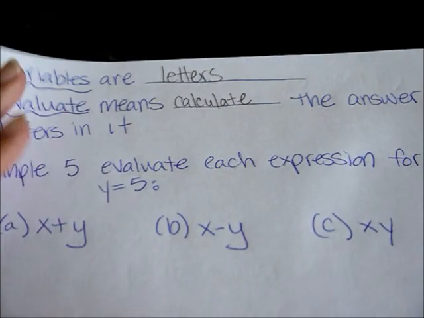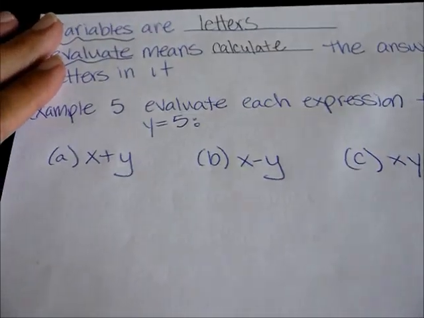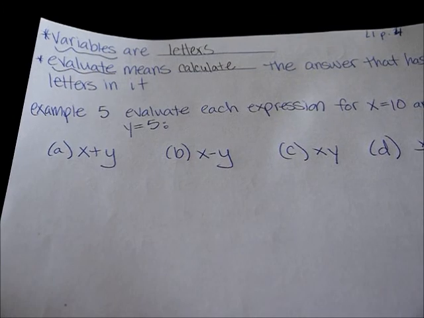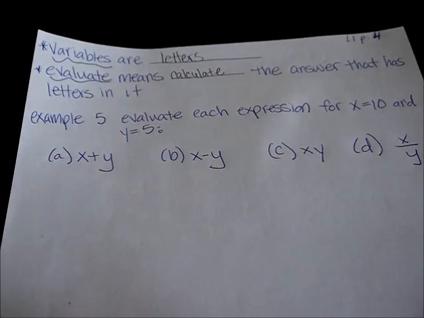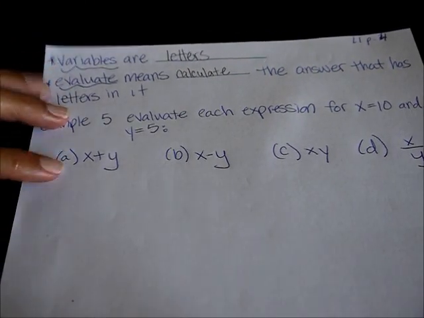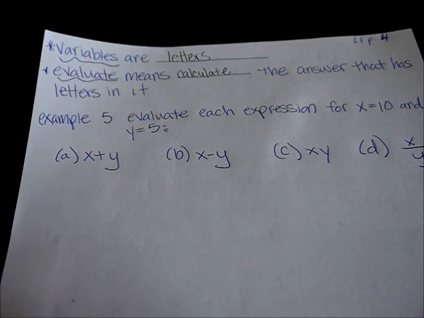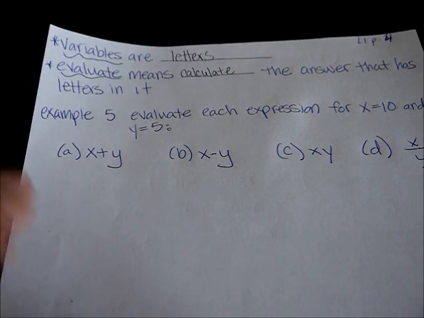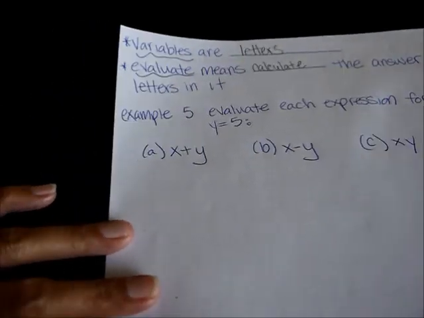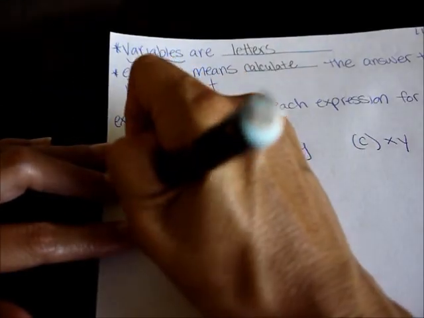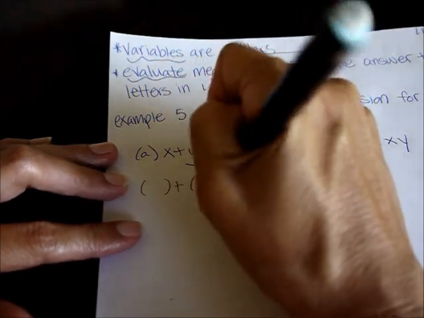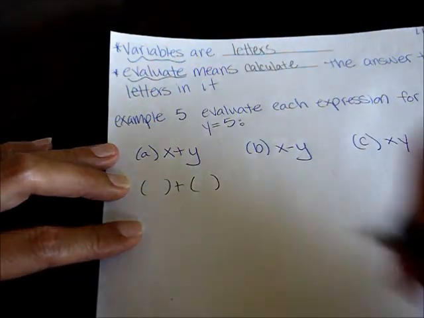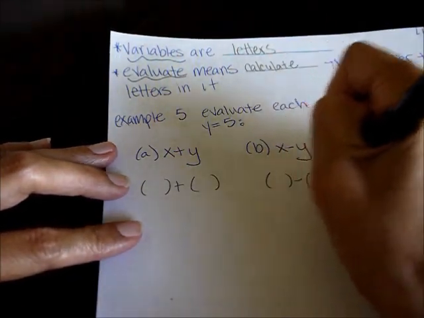So let's just do an example so you know what I'm talking about. All right, this says evaluate each expression for x equals 10 and y equals 5. Okay, so that means where we see a letter, and I really am a stickler about this, when you evaluate, I want you to put parentheses where there was a letter, meaning we write this x plus y like this. Okay, and we would do it on letter B too.